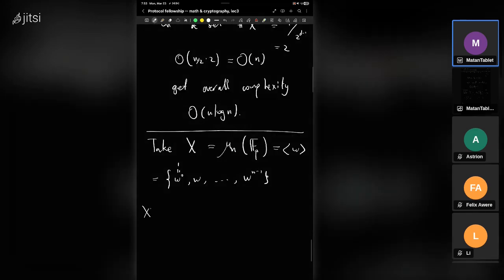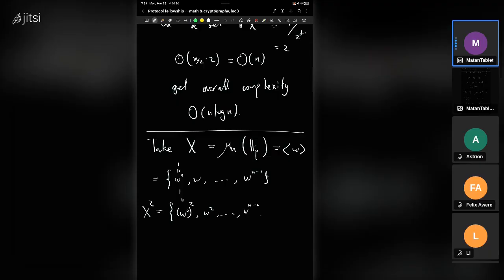Look at X squared. X squared is W^0 squared, which is 1, W^1 squared, so this is W squared, up to W^(n-2).